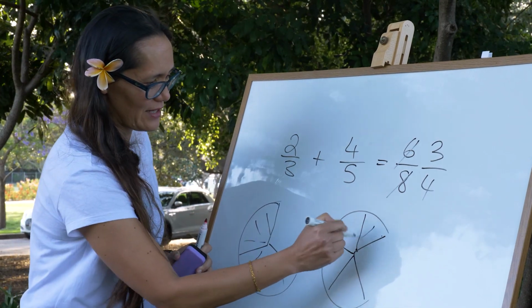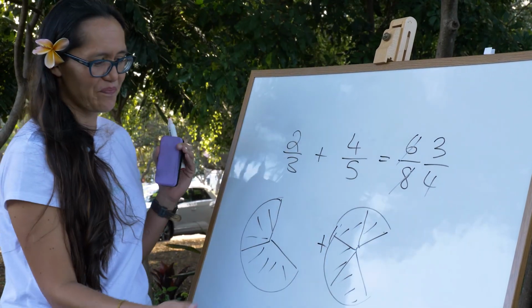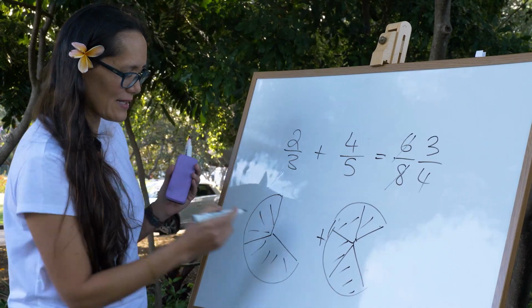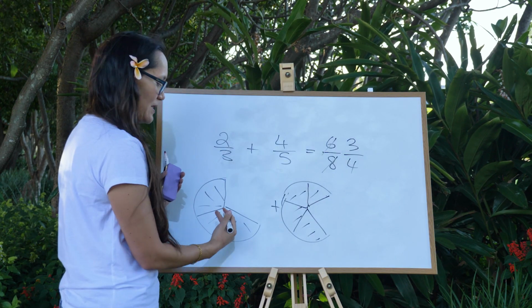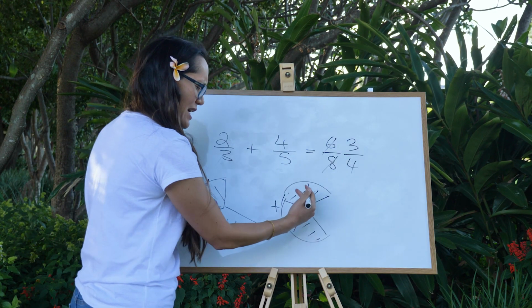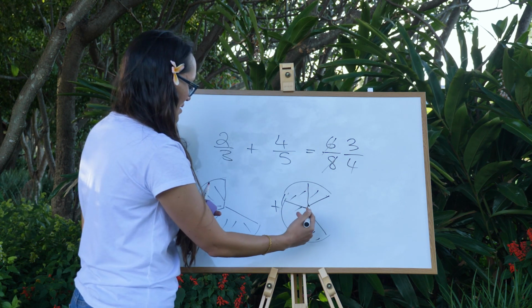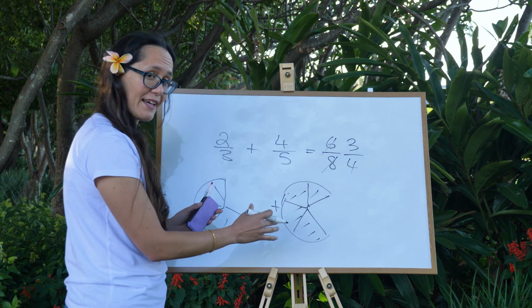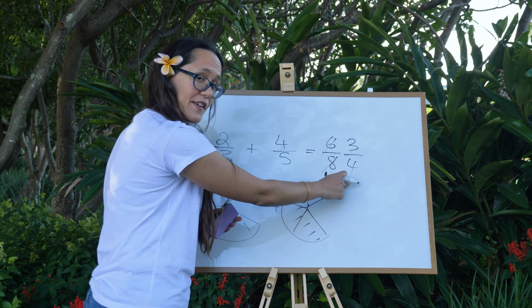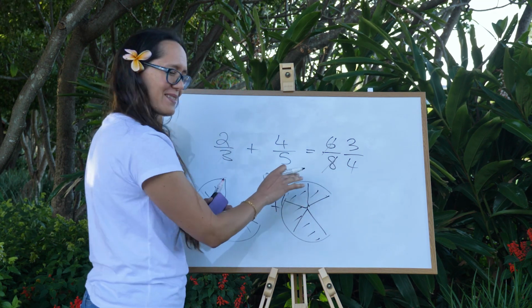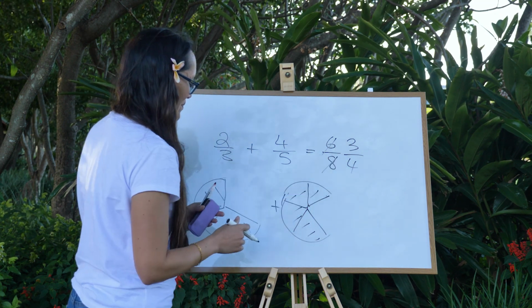When I look at these pieces of cake, I can see that I've got more than half a cake here, and more than half a cake here. So I expect to have at least one cake, not 3/4 of a cake. So something's gone wrong, it doesn't match up.